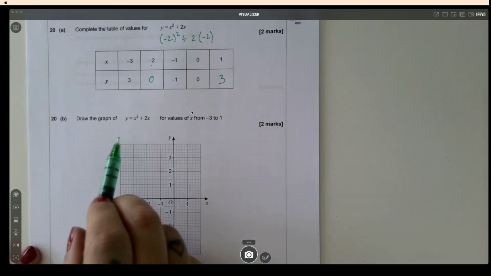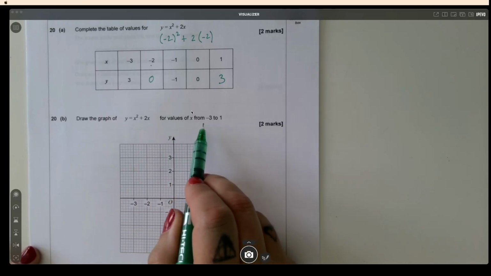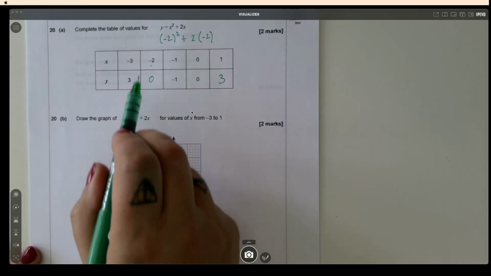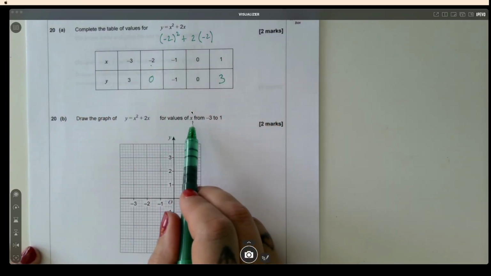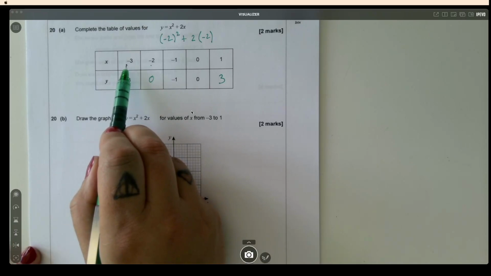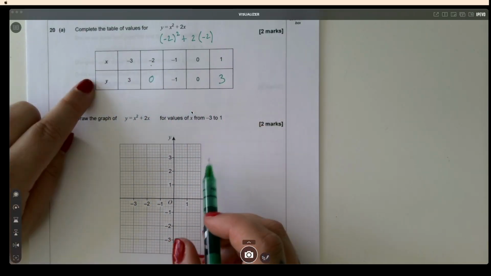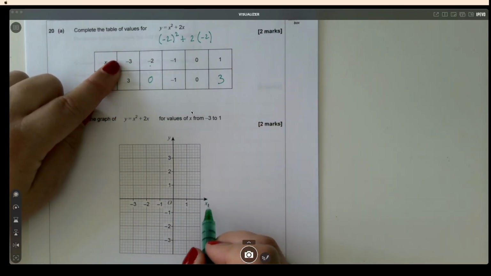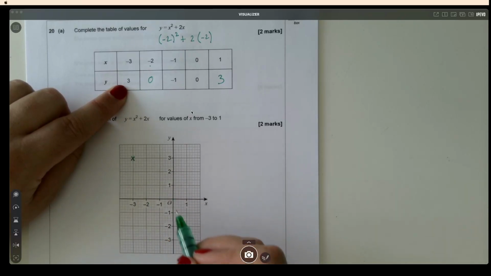Part B. Draw the graph of y equals x squared plus 2x for the values of x from -3 to 1. So this is the same quadratic equation that we've just generated the values for, and the values of x from -3 to 1, well, we've done that as well. So now we're going to use these as pairs of coordinates. So to plot this point, we're going to go along the x-axis to -3, then we're going to go up the y-axis to 3.